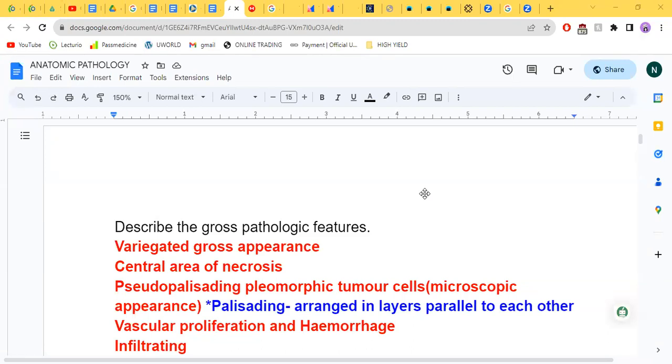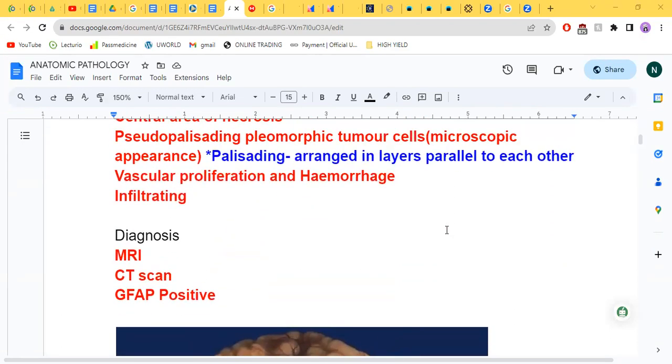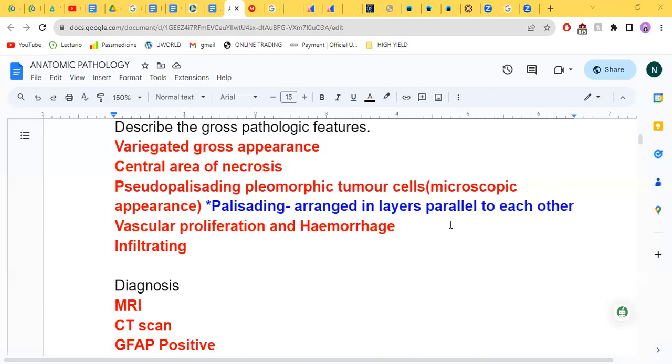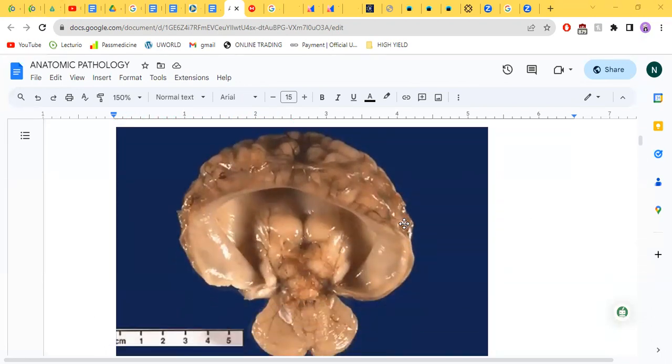There's also some infiltration. That's why we say it's variegated. The diagnosis, we saw the imaging and the glioblastoma. Now, this we said was the diagnosis.